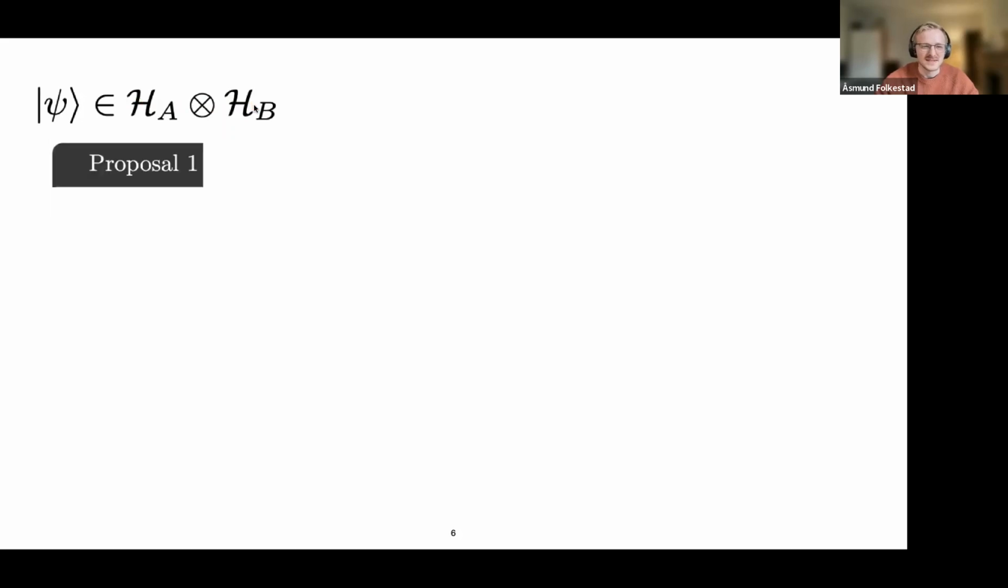So let's try to think a little bit more precisely about this. Consider some CFT quantum states on some tensor product Hilbert space of, say, two CFTs, H_A times H_B. And let me make a proposal for what it could mean that wormholes arise from entanglement.